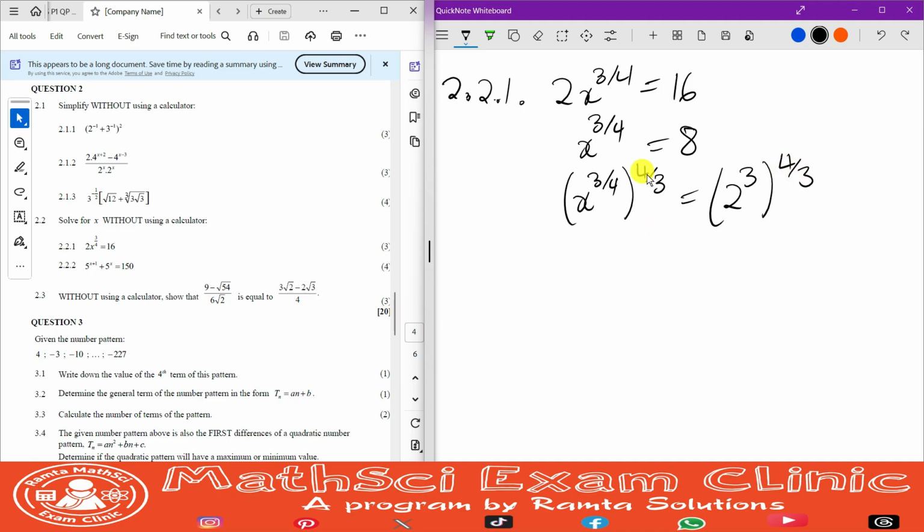Now, on the left-hand side, the powers have cancelled, becoming 1. You're left with x. Now, for the right-hand side, 3 times 4 over 3 is the same as 4. So this is 2 to the 4. Therefore, x is 16. Okay, x is 16.